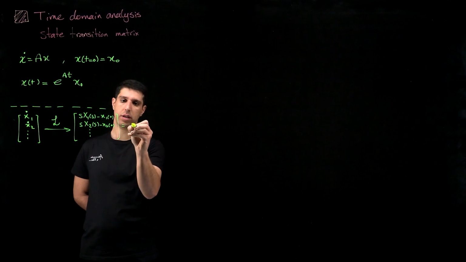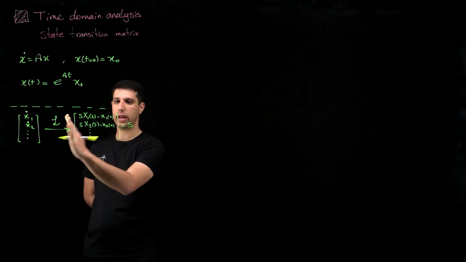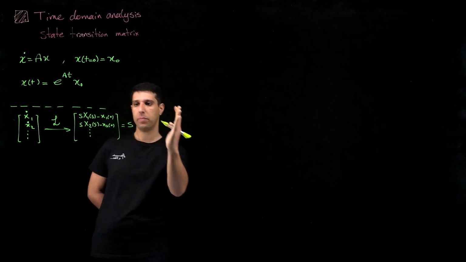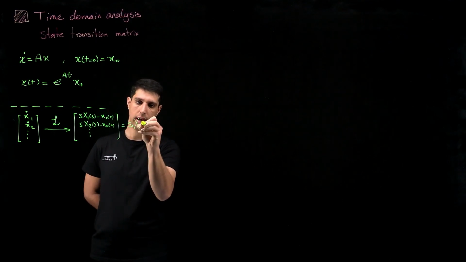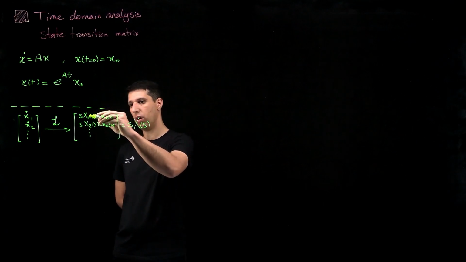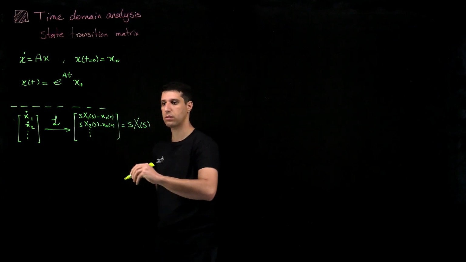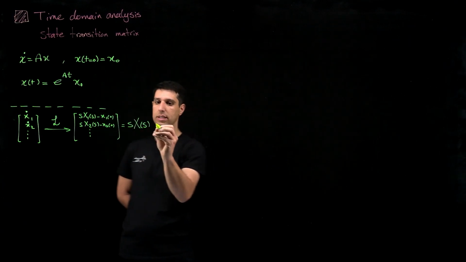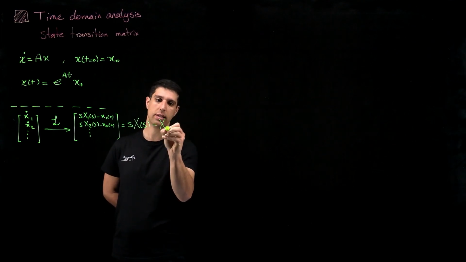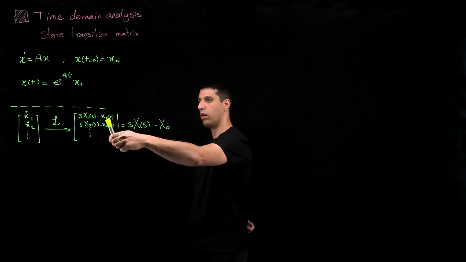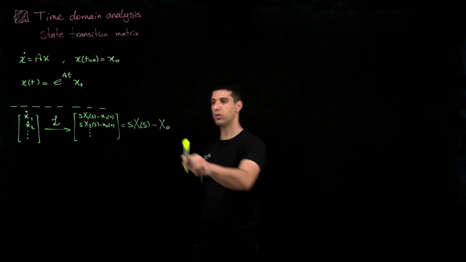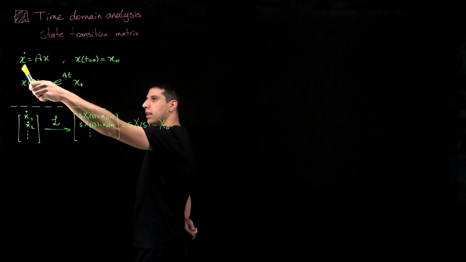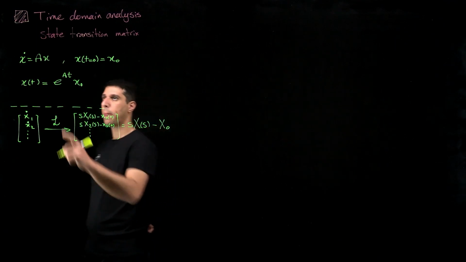I'm factoring out all the s's and keeping the initial condition as another vector. So I'll have s times X of s, a vector of all these x1, x2, until xn of s, minus x naught, which is the vector of all these state variables at time 0. So that is the Laplace transform of that side.